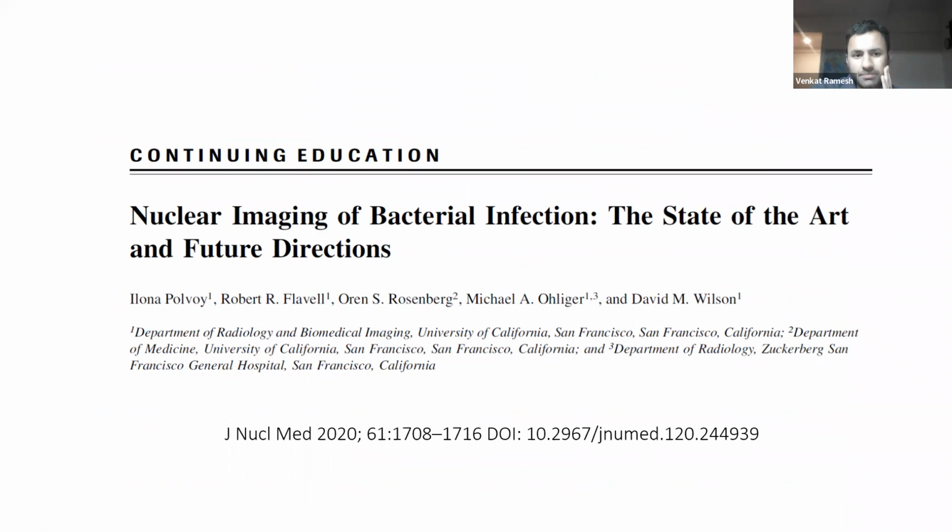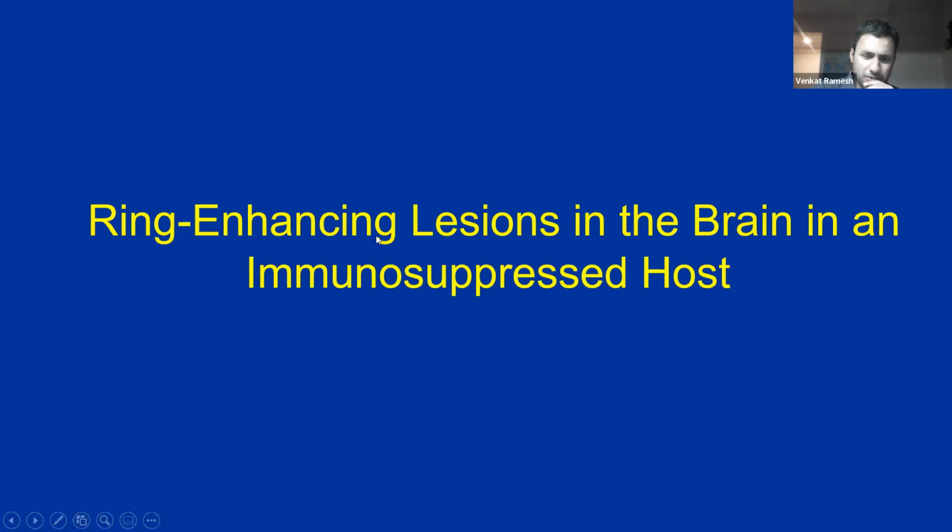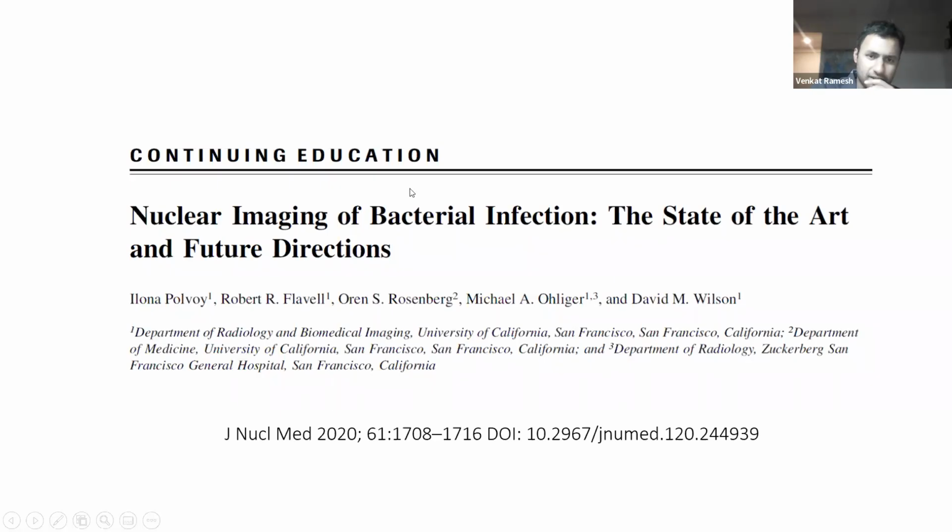Also, there was this paper published in the Journal of Nuclear Medicine on nuclear imaging of bacterial infections, with state-of-the-art and future directions. Before I go on to the core of my talk, what I will be discussing are essentially case-based scenarios, some of our cases where we have utilized nuclear imaging and how it really has helped us in reaching a particular diagnosis and ultimately been beneficial to the patient.